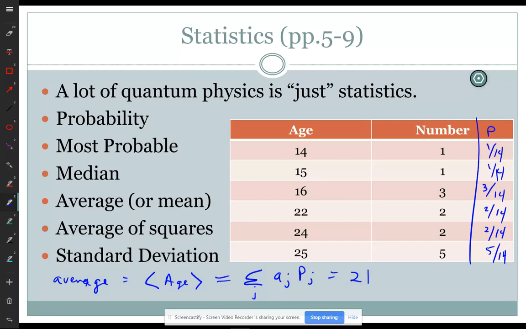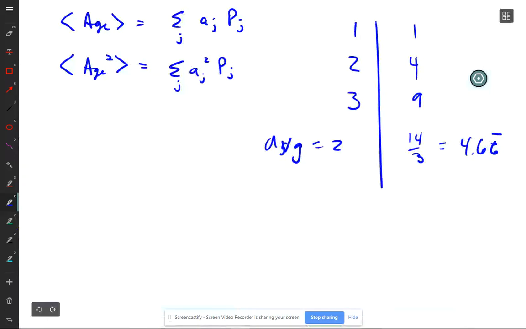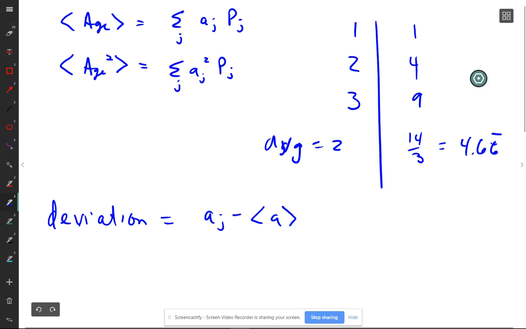You take the expectation value, and you take the value for each one, and the deviation for person j is their age minus the expectation value or the mean.